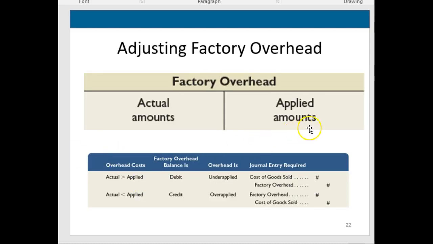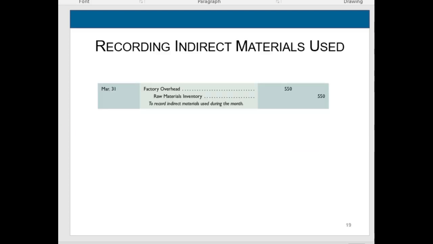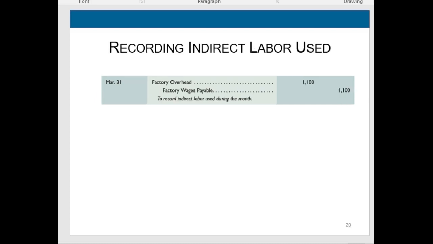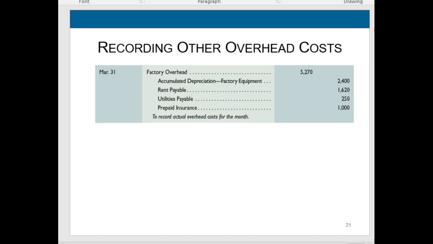So now I have the applied amounts, which was $67.20 here, and the actual amounts, which would be a total of $550 and $1,100, so that's $1,650 plus $52.70. I can't do that in my head.